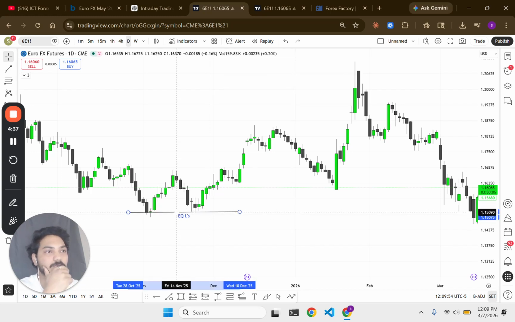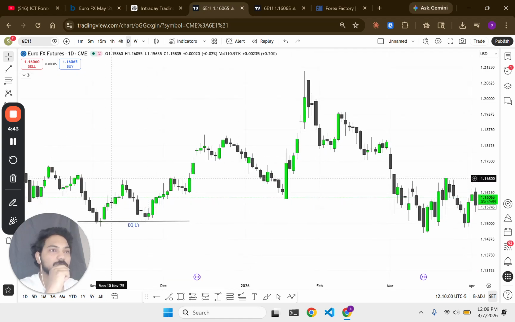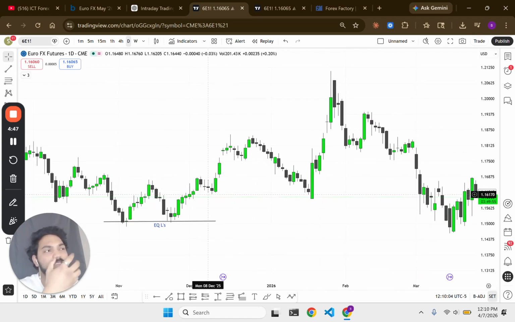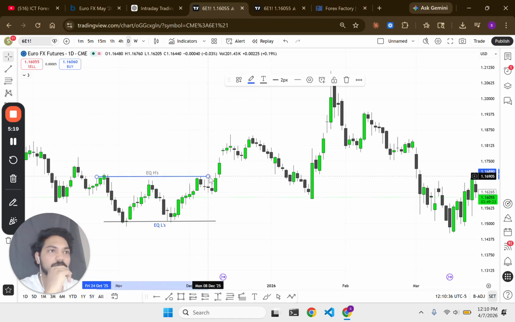Okay, and we also see equal highs here. Highs doesn't mean it should be matching pip to pip. Even these can be considered as equal highs. I'm selecting equal highs.